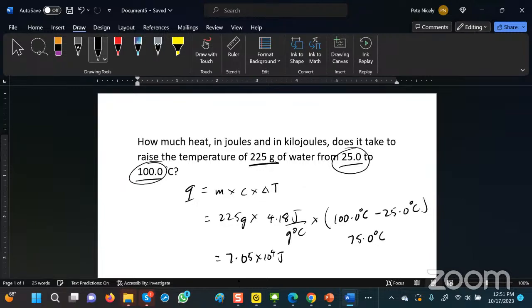And that answers this part of the question, because the question also asks for the answer in kilojoules. So to convert that to kilojoules, you'd multiply by 1 kilojoule above, 1,000 joules below, and the joule units will cancel out. So basically you divide by 1,000. And according to my calculation, this works out to be equal to 70.5 kilojoules. And that's it.